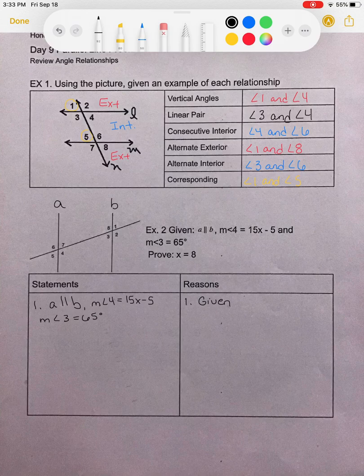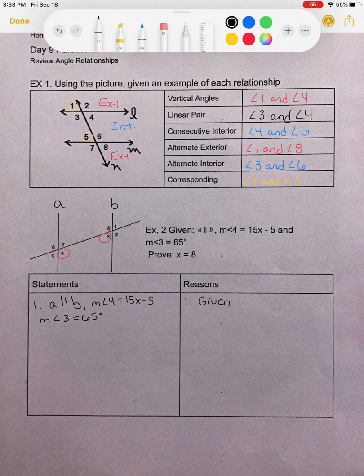On these, typically what you want to do is state the angle relationship, and then you're going to tell me what's true about that angle relationship. Are those two things equal or are they supplementary? So, looking at angle 4 and angle 3 in my picture. Those two angles are called consecutive interior angles.